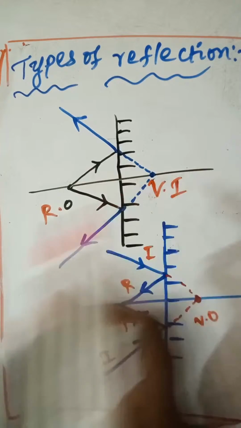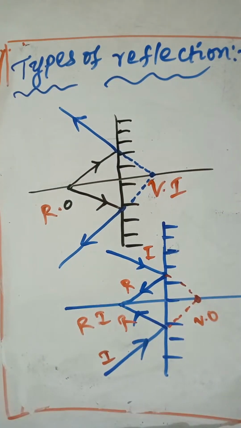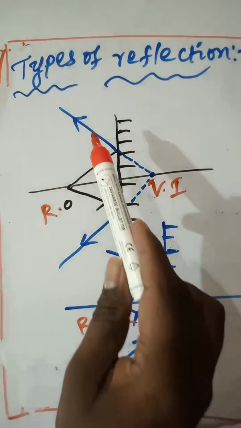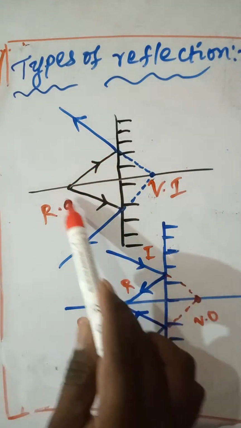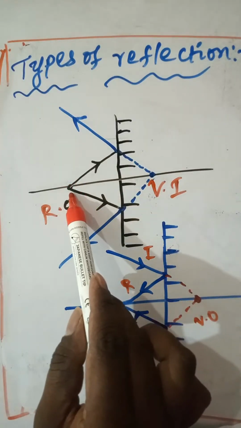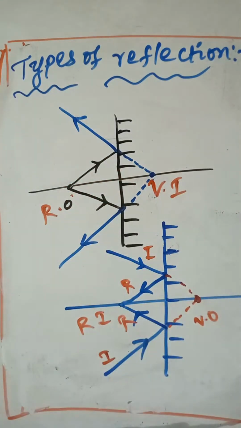So here you need to understand one difference. The point of intersection of incident rays is called a real object. Clear?